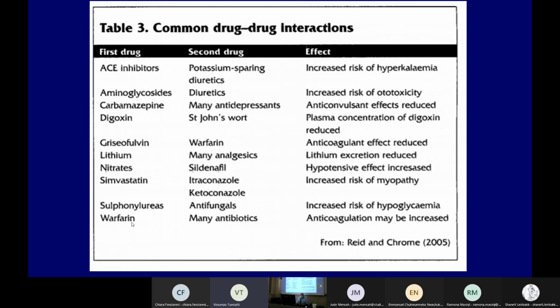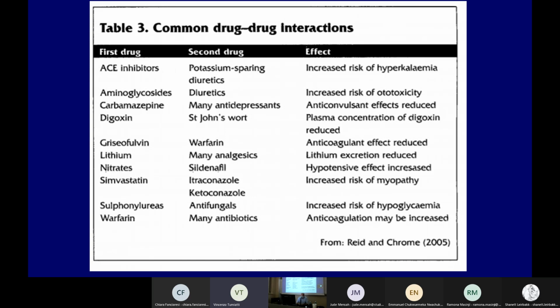Warfarin is a very famous drug used for its anticoagulation effect. A person after an infarct normally has a problem with blood coagulation, and so we have to decrease the level of blood coagulation, the platelet coagulation.